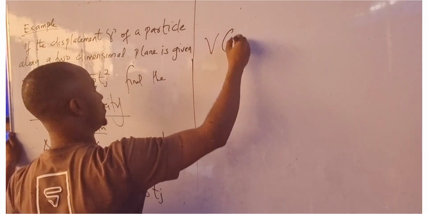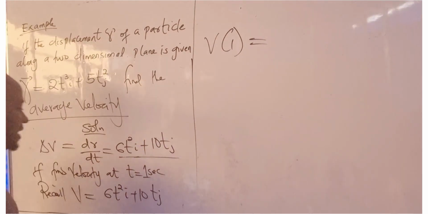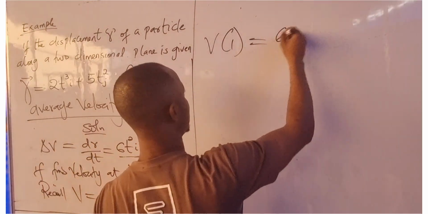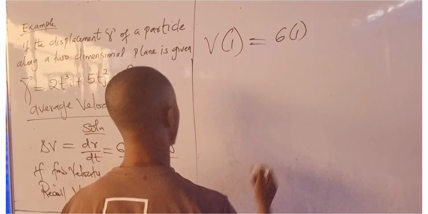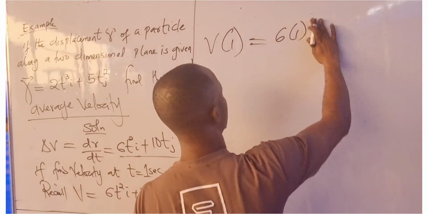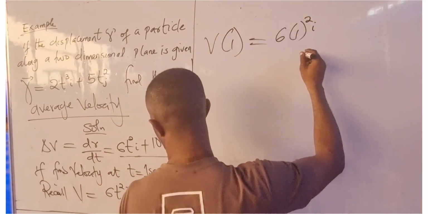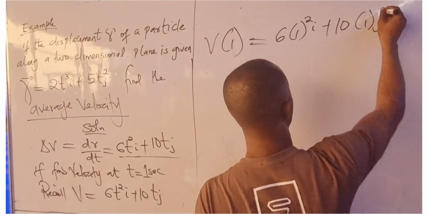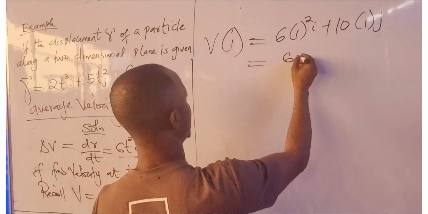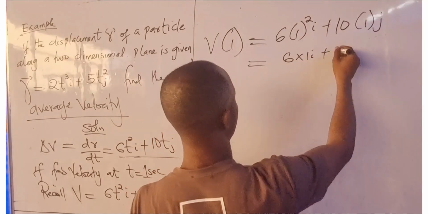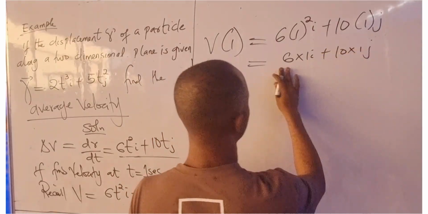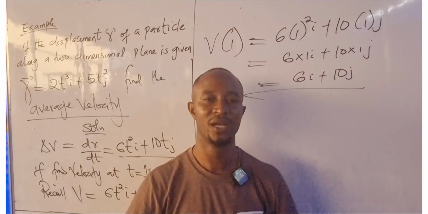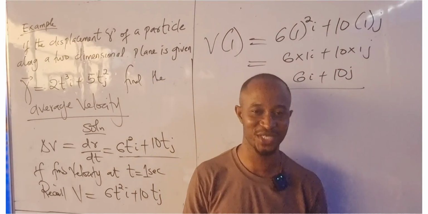That implies v1: anywhere we see t, I will put 1. That will give us 6 times 1 squared i plus 10 times 1j. So we're going to have 6i plus 10j.